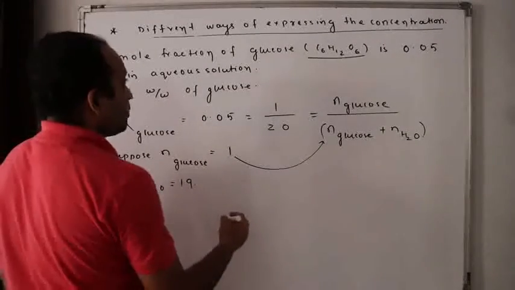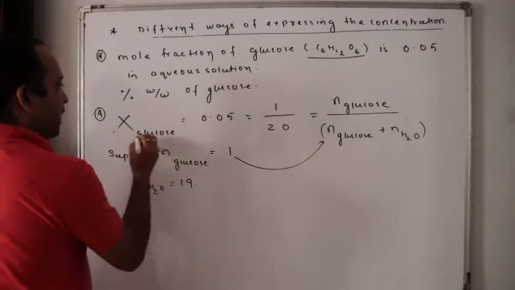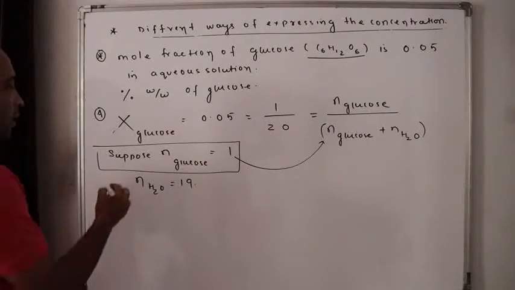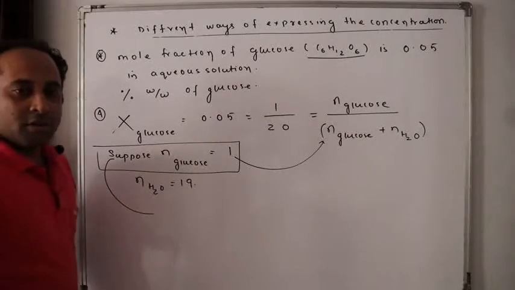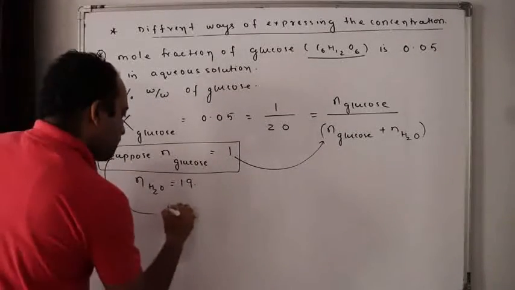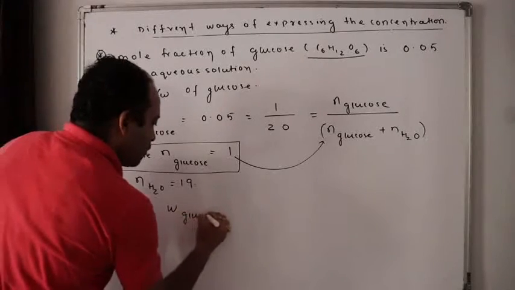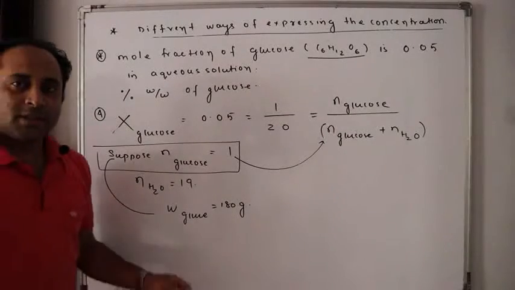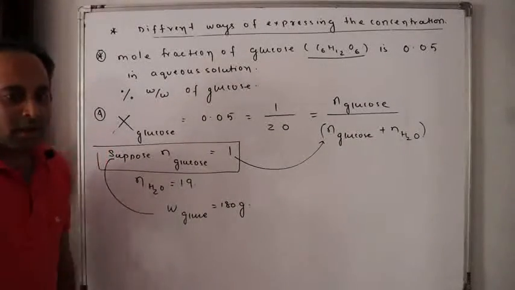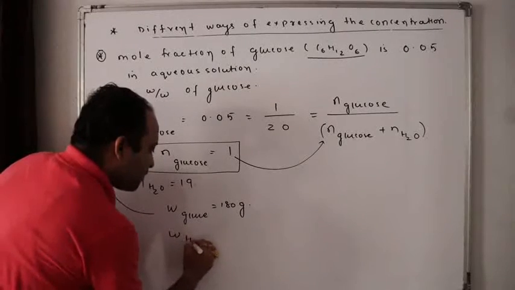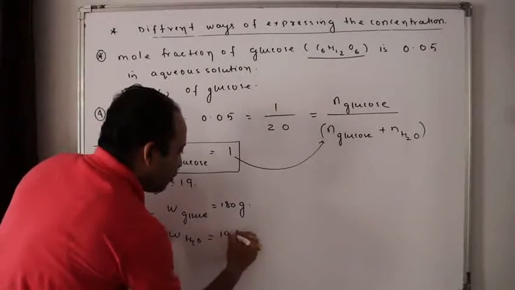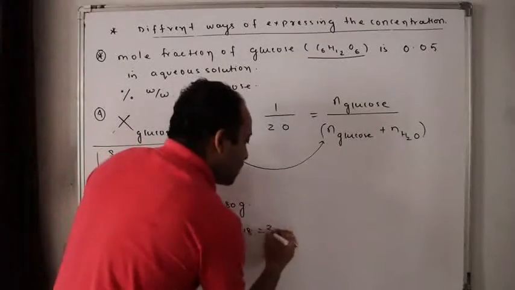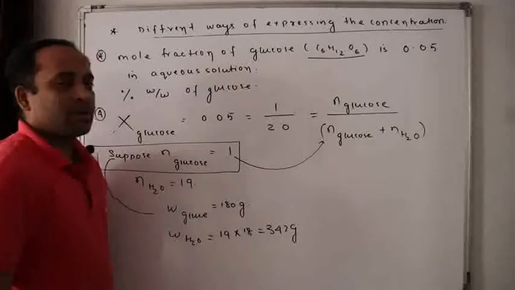Now, I have taken glucose as 1 mole. If it is 1 mole, what is the weight of glucose? The weight of glucose is 180 grams, isn't it? Now, the weight of water is 19 moles into molar mass, so it is approximately 342 grams.